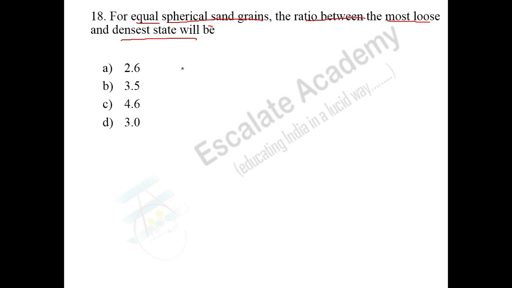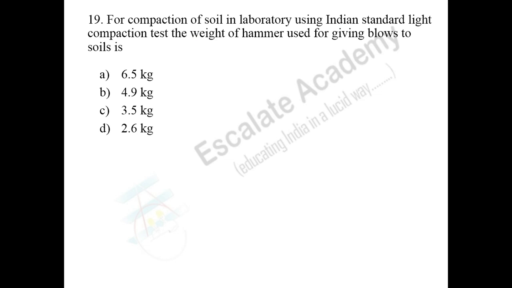Actually, it was not in this chapter, so we will study it in the next lecture, where I will tell you the details. Okay, let's move on to the next question.